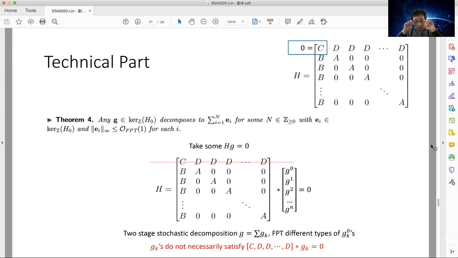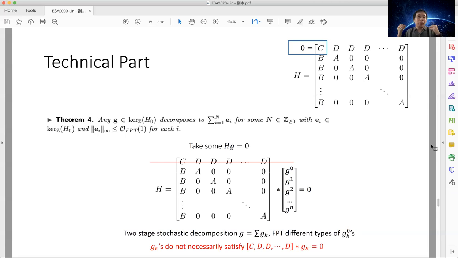Now remember that G lies in the kernel of H. So G should also lie in the kernel of the submatrix of H where we just remove the first column and the first row. And remember that if we remove the first row, the remaining part of the matrix belongs to a two-stage stochastic matrix.